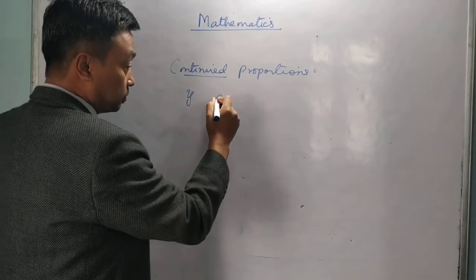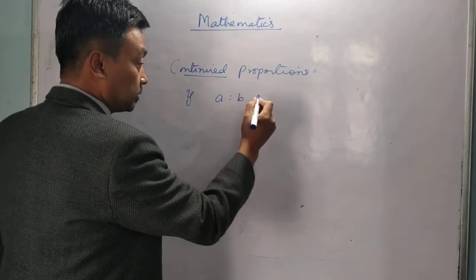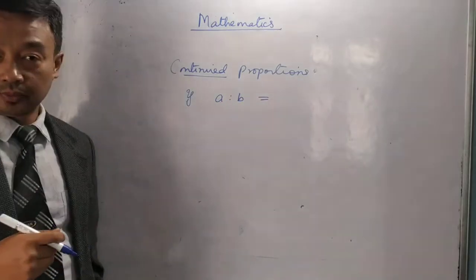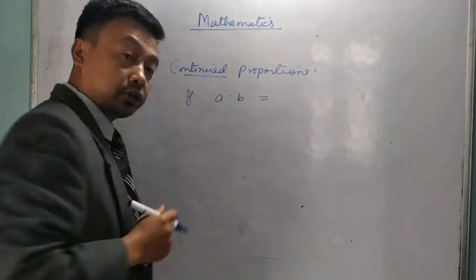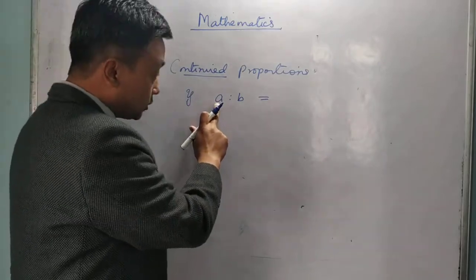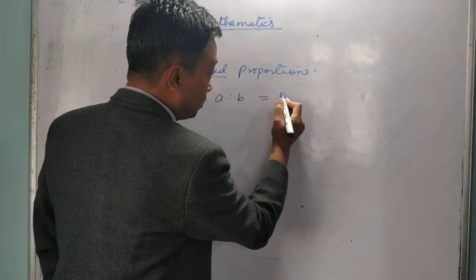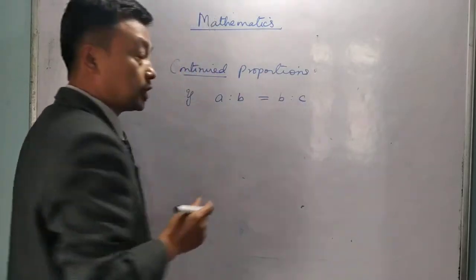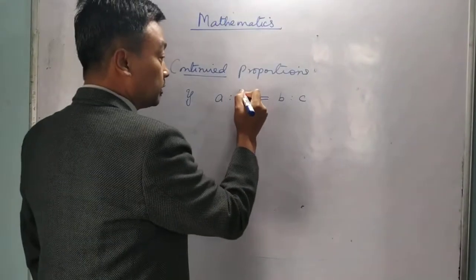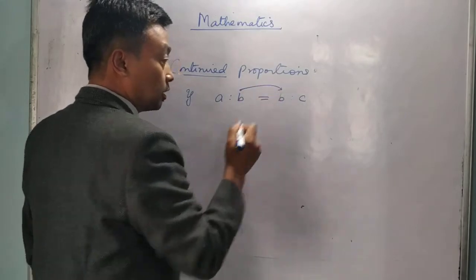If A is to B, let us say this is the first ratio, sorry. A is the first term, B is the second term. Then this B will be continued, then we have a second ratio. So here you see that the second term B is continuing.